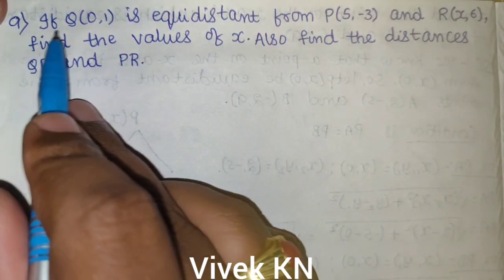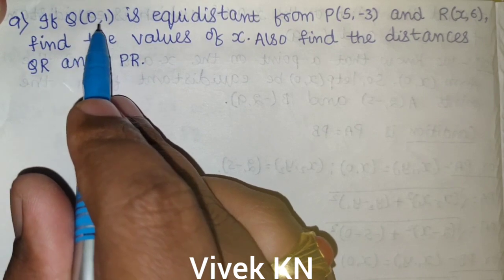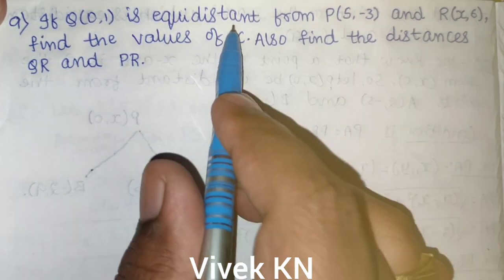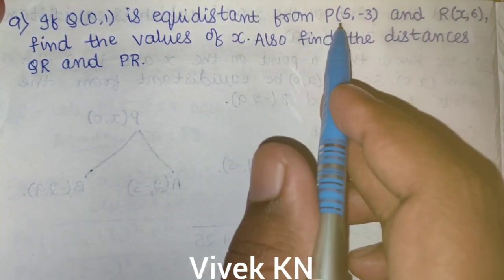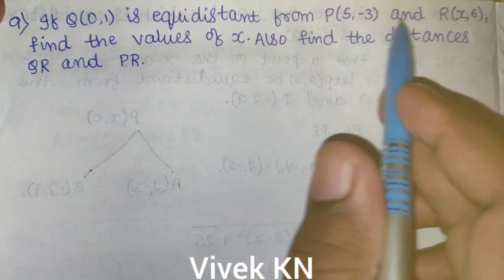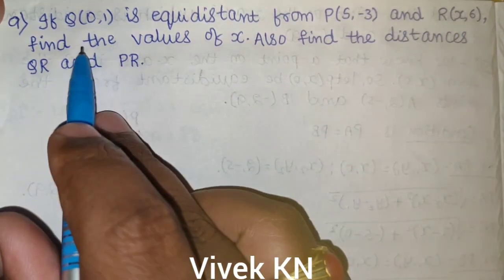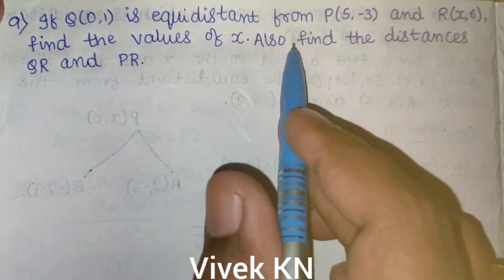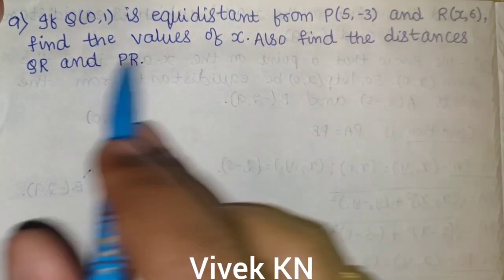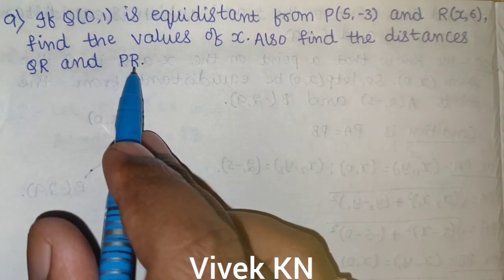Ninth question. If Q of 0, 1 is equidistant from P of 5, minus 3 and R of x, 6, find the values of x. Also find the distances QR and PR.